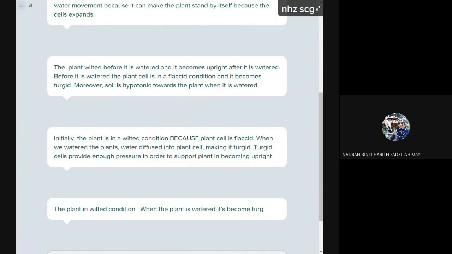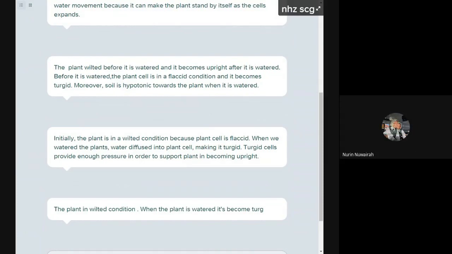Okay, tak apa. Nurin upgrade dulu, betulkan sikit. Saya tak faham ayat yang kedua tu. So teacher, saya nak cakap macam soil tu dalam plant cell tu daripada dia hypertonic dia jadi isotonic. Oh, sekejap. Plant cell tu yang isotonic. Sorry.